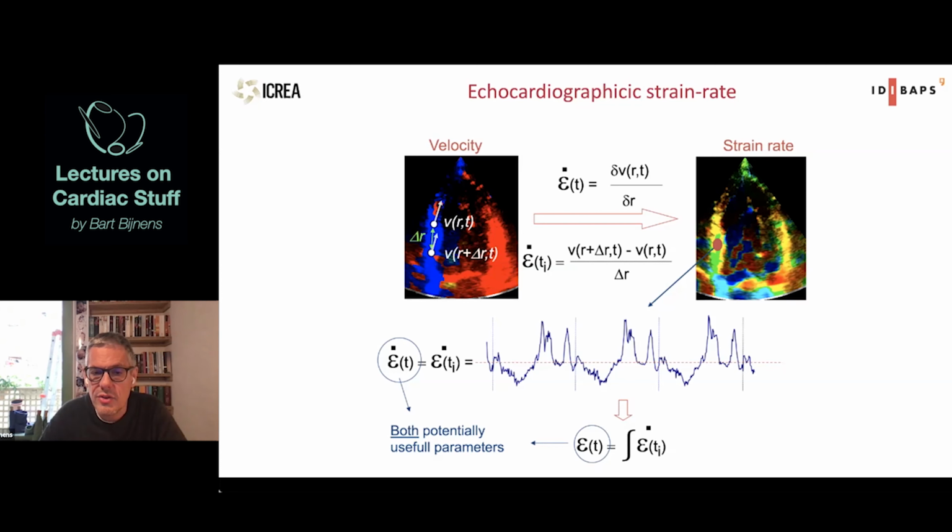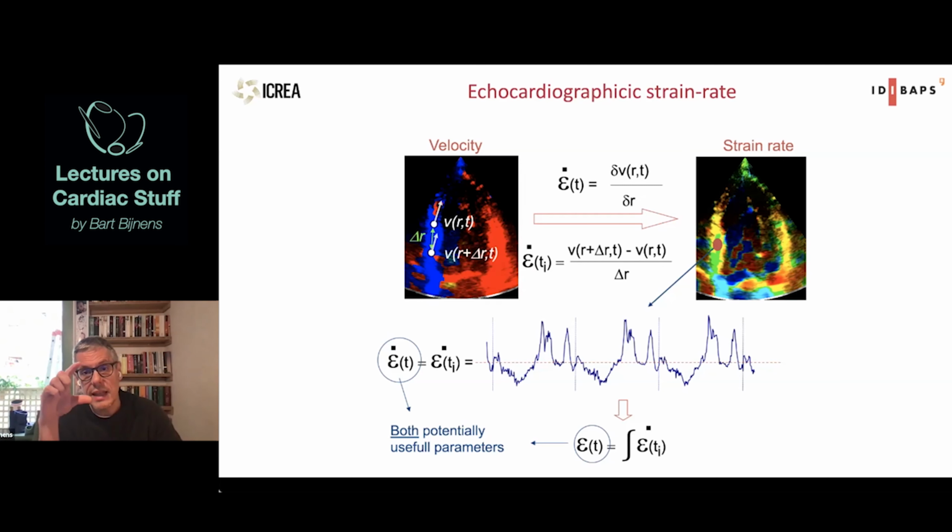During systole, in this case, this is an apical view of the left ventricle. This is the apex, here you have the base, the valve plane. You're looking at this wall, in this case a septal wall, and you're looking at the longitudinal deformation, when you take the spatial gradient in this direction.